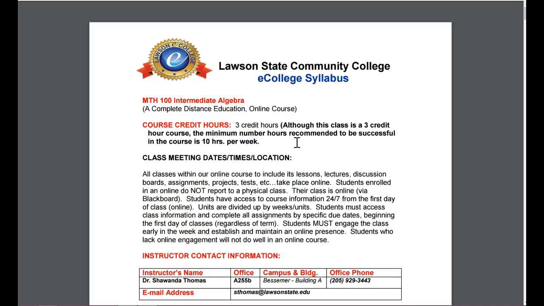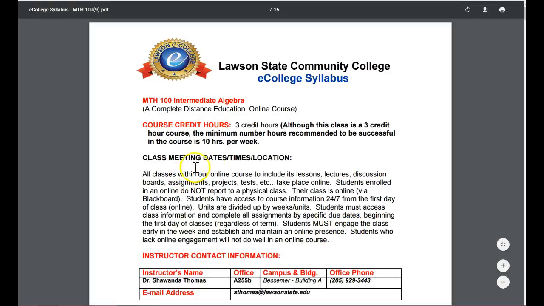I normally recommend the online course for students who tend to think of themselves as good in math and for some reason they were placed in Math 100 and they wanted to just go through the motions of taking the class to get that credit. So those are usually the typical student I would recommend Math 100 for.